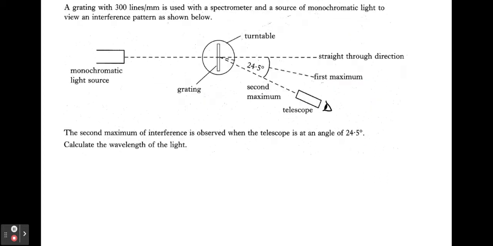So here's an example. A grating with 300 lines per millimeter is used with a spectrometer and a source of monochromatic light to view an interference pattern as shown below.